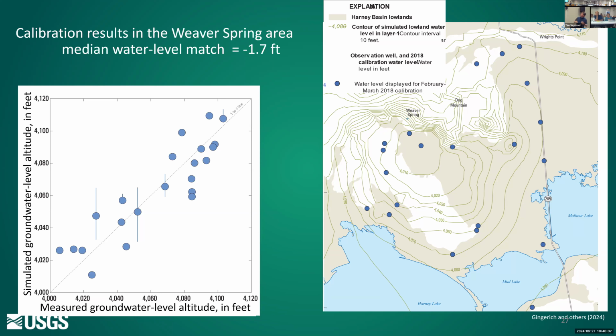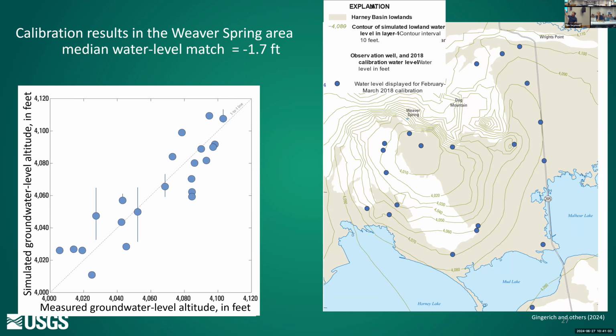So this is an example from the Weaver Spring area. So what we have again is the map here on the right, and these green lines represent the contours of the model. So this is the model calculated water level for that area based on all the pumping and recharge that goes into the system and simulated for 80 years.